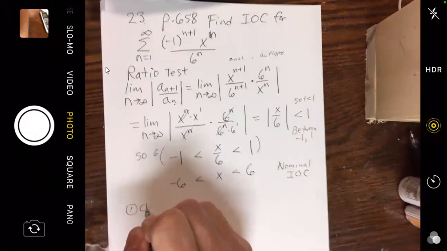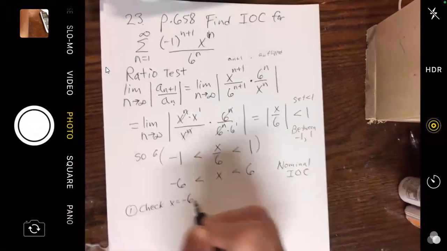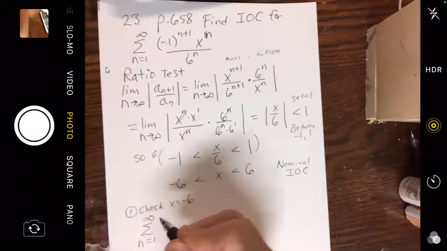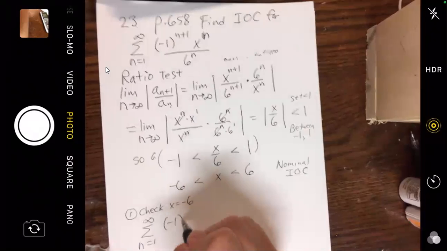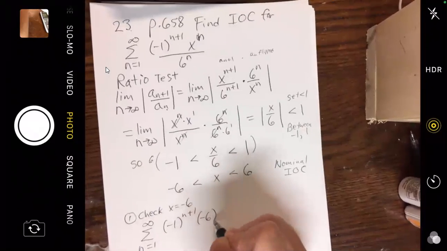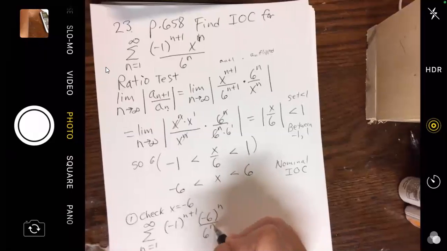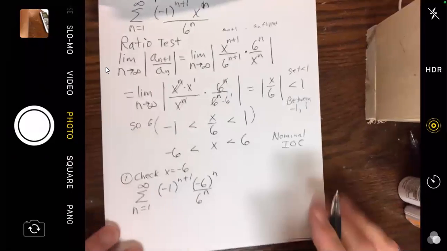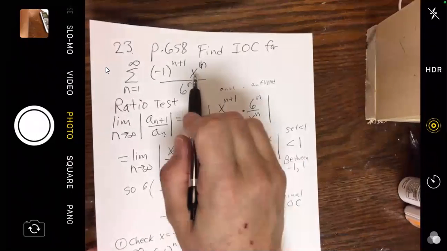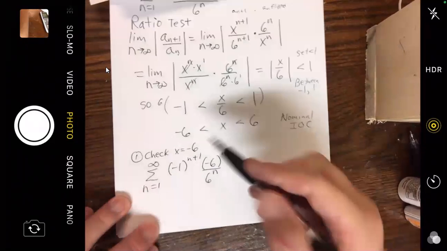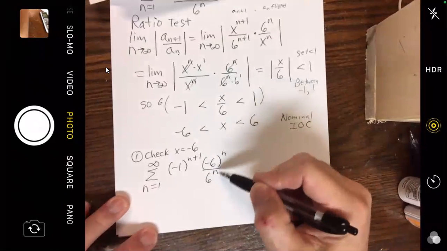The sum from 1 to infinity of -1 to the n+1, -6 to the n over 6 to the n. You see what I've done? I've just plugged in -6 for that x. Now, you see how both of these are to the n?